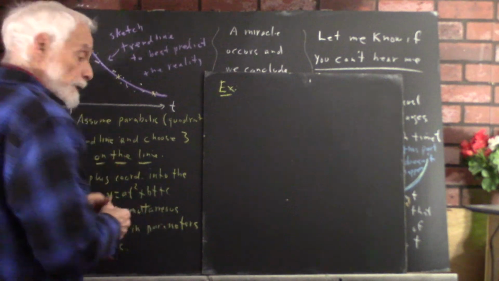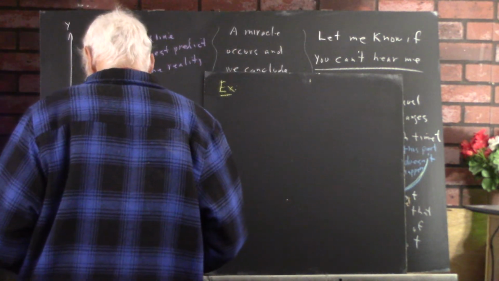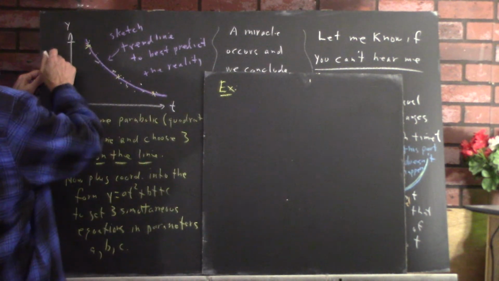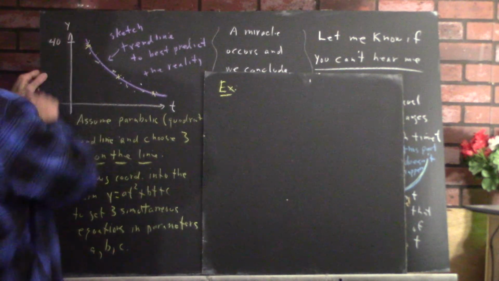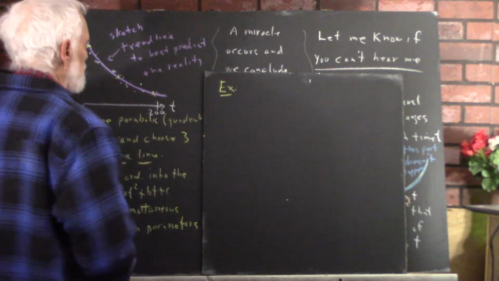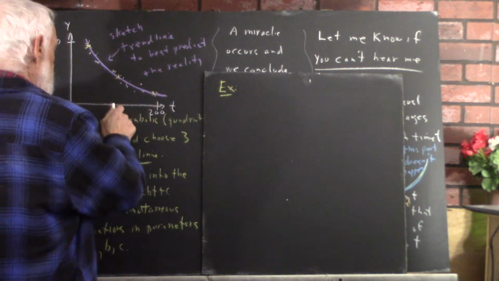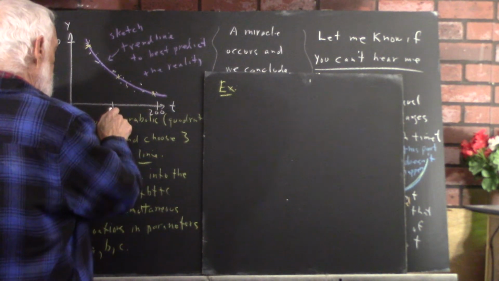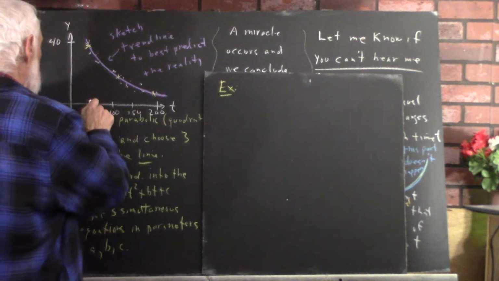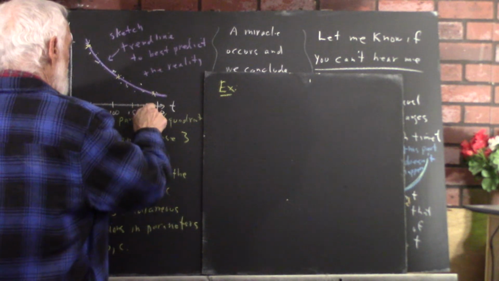Let's do some estimates. Okay, let's say that y here is 40 and t here is 200. Okay, well, 200's there, 100's here, 150's here, 50's here, and now I can break this.